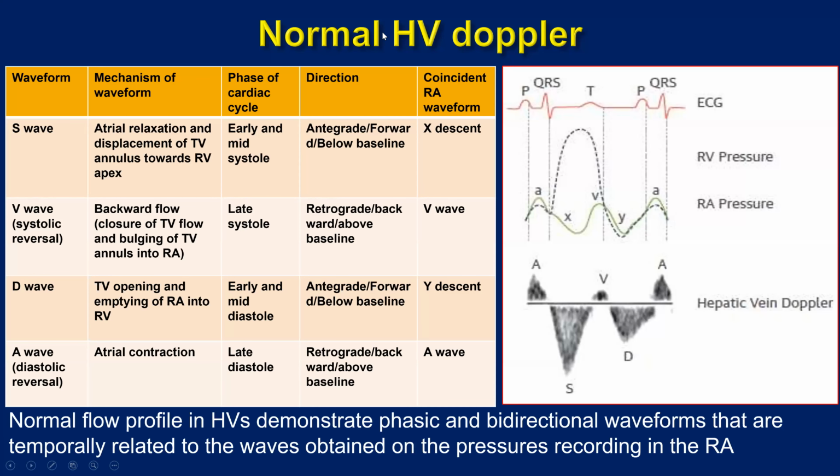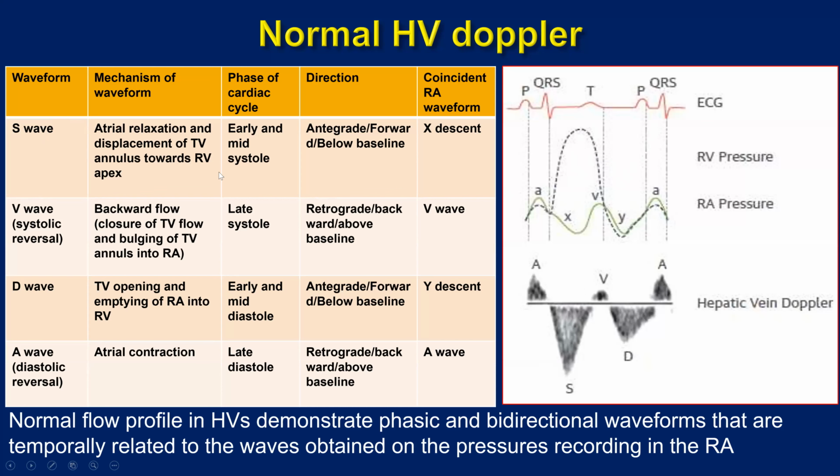So we can correspond it with the hemodynamic tracings and with the ECG, so it will be clear. We said the S wave, this one, is the most prominent wave. It is forward. It is antegrade.